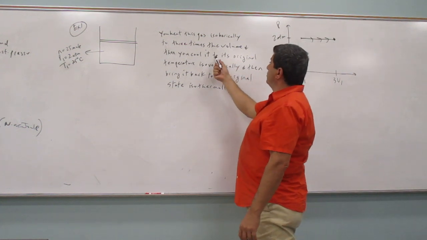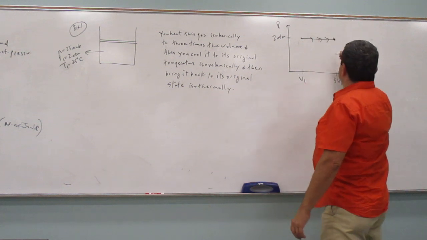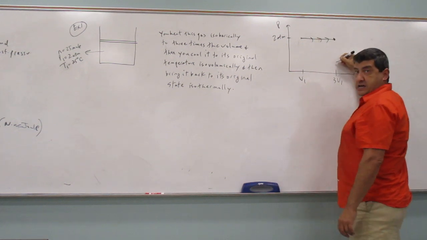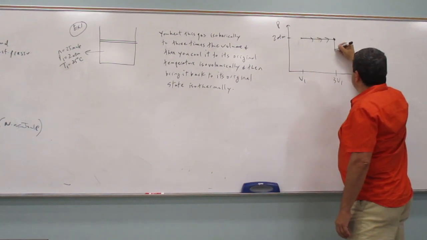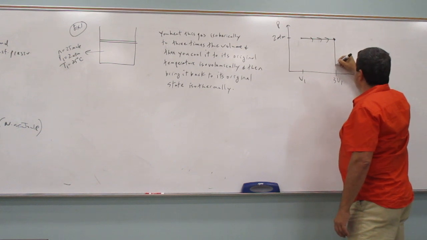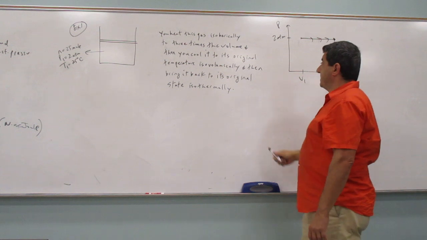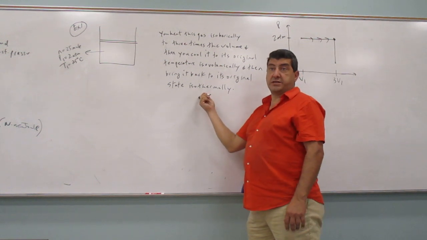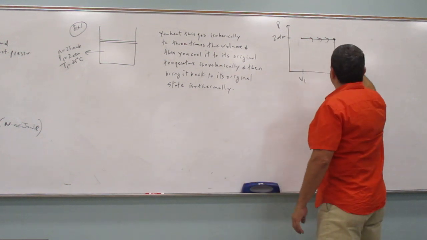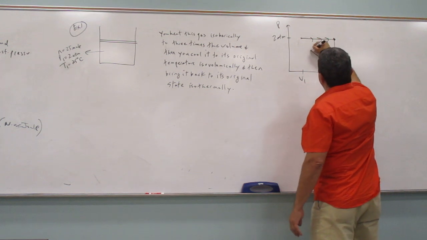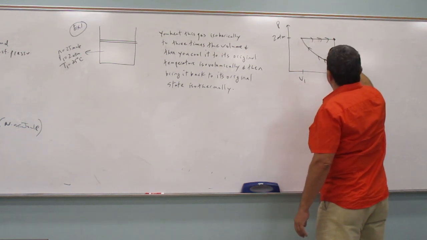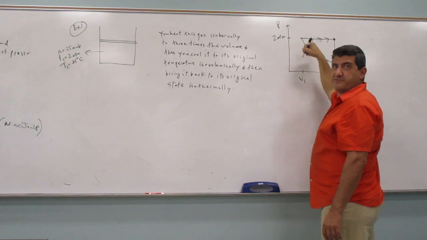Then we are cooling it to its original temperature. I don't know how far down I have to go, but for now I'll just go something like that. Okay. And then I'm going back isothermally, right? So this has to be a 1 over x graph, right?